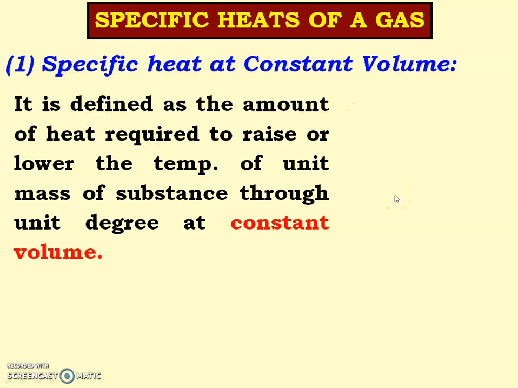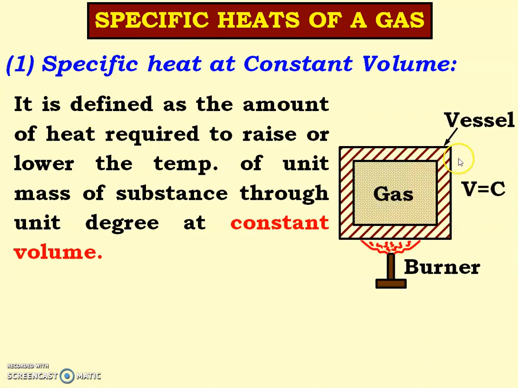Now let us understand it physically. So this one is a closed vessel in which some quantity, some volume of gas is filled up, and we can say that the volume of that gas is constant. Now when we supply the heat to that vessel and we try to heat the gas, what will happen? The temperature of gas will increase, but the gas volume will not increase because the vessel is closed or fixed.